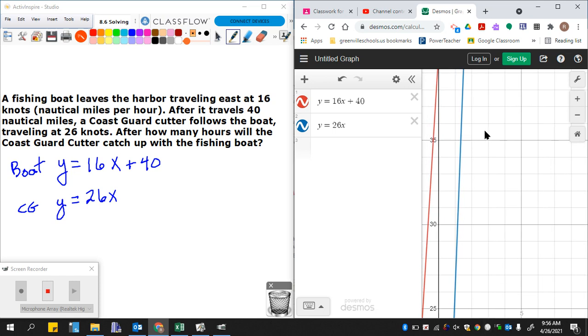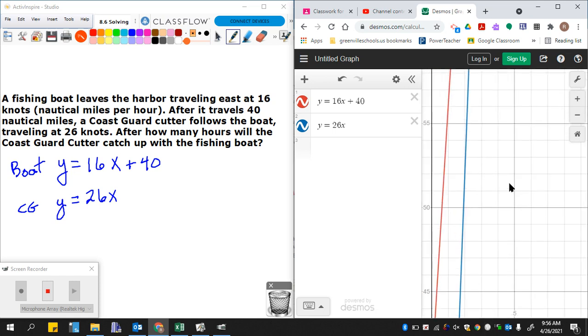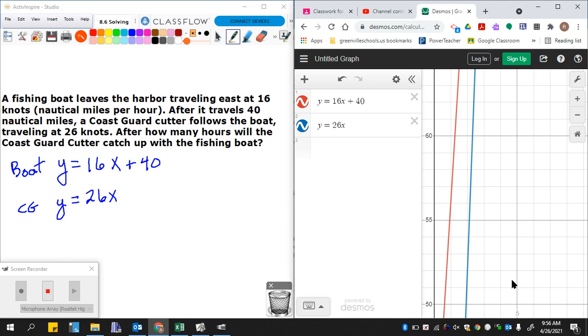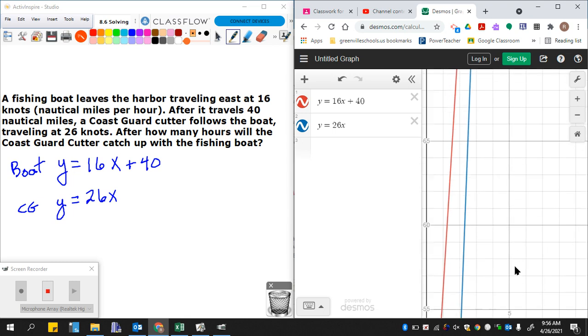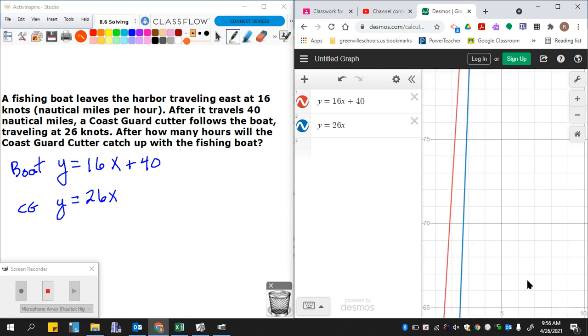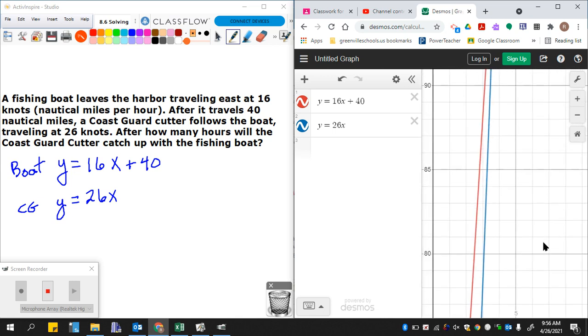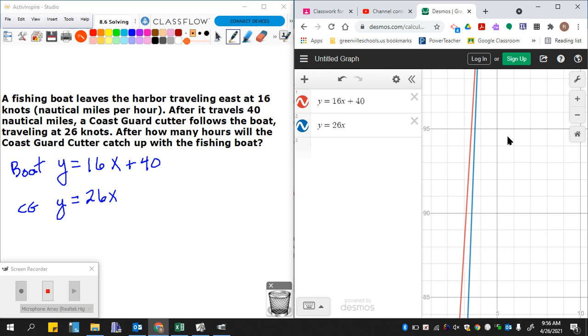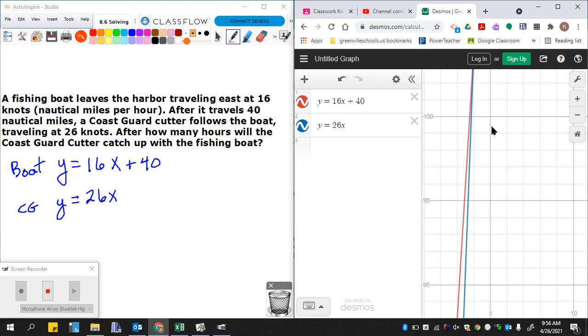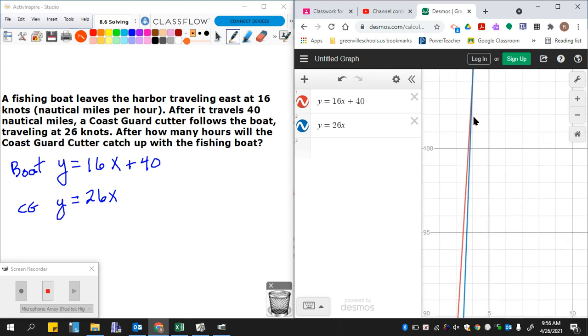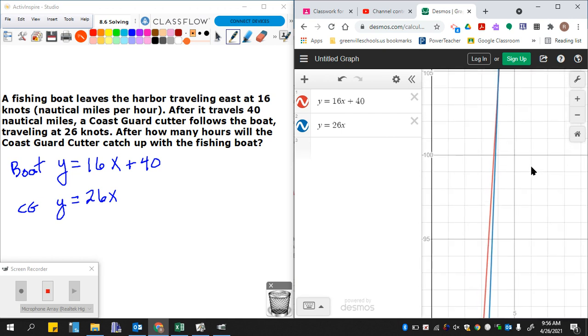If I come on up here, 1, 2, 3. Actually, it looks like it's probably going to be more like 4 hours. Because if I look here, 1, 2, 3, 4, 4 hours. So let's plug in 4 hours.